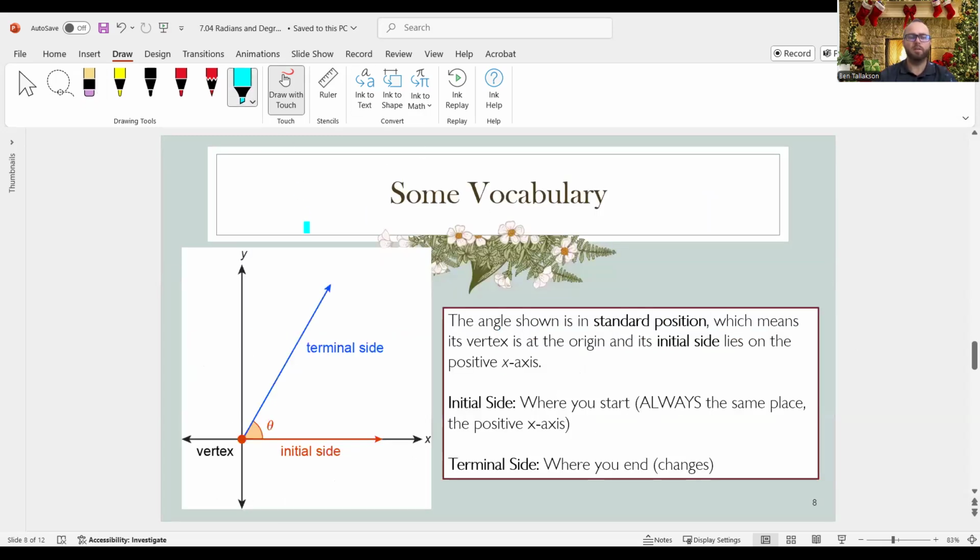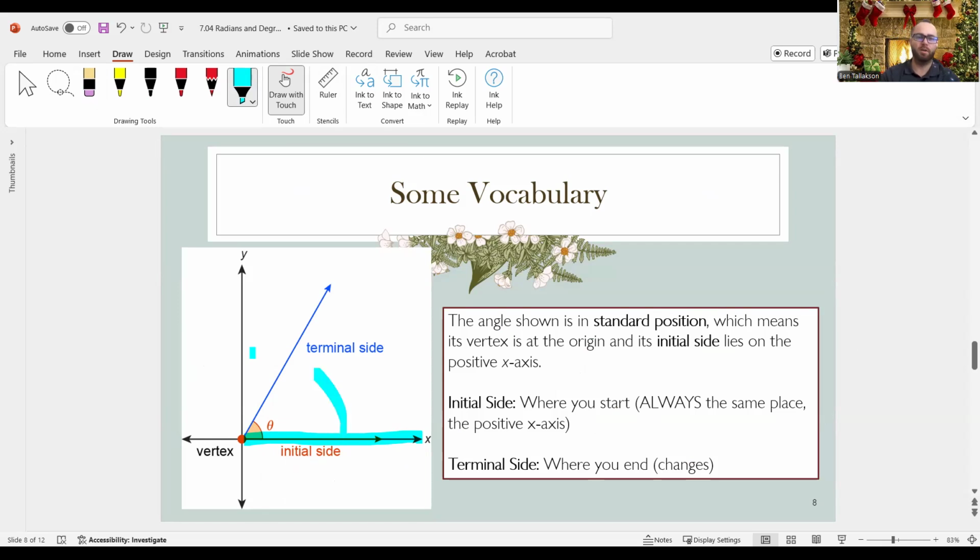And this is something we've been doing, but for you to really understand, this is super important. It's not that complex, but it is super, super important. When you're figuring out the angle, whether it's degrees or radians, you always start at the initial side. You could call this the starting line.